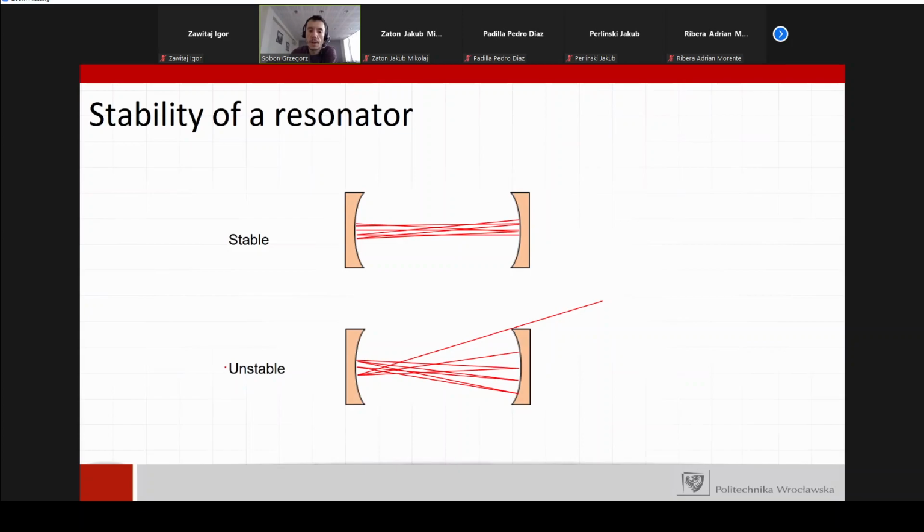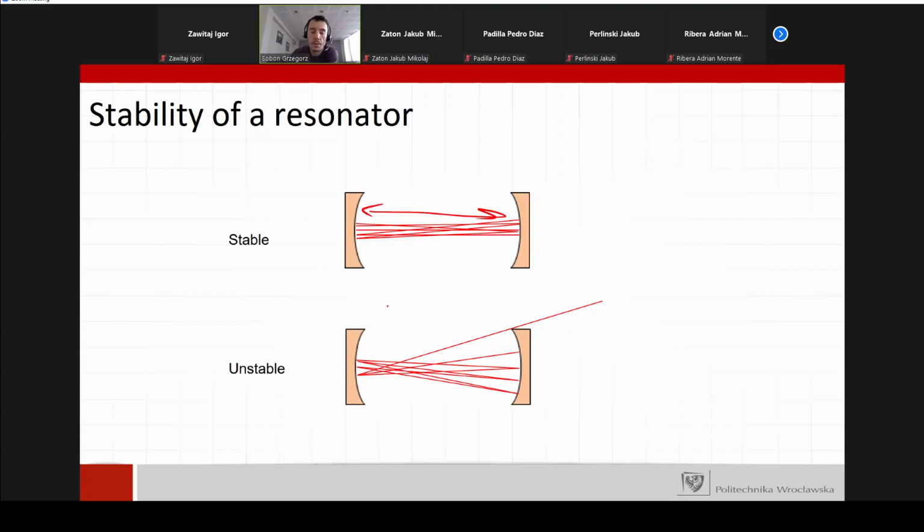Stable means that the waves, or let's say the photons that are inside the resonator, will not exit the resonator at any point. So it means that they are trapped inside this resonator, and the beams are just bouncing from one mirror to another one.